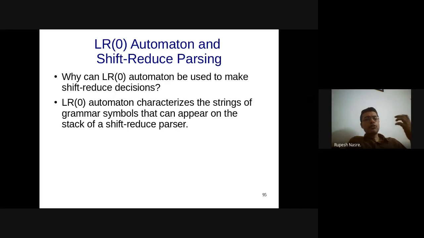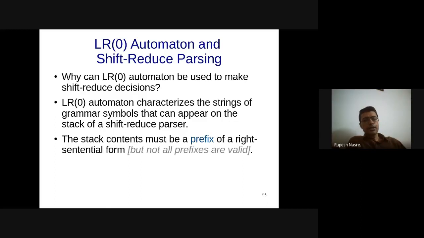When we looked at the LR0 automaton, we didn't think in terms of stack, but I can have an abstraction of a stack, and show a one-to-one correspondence between this LR0 automaton and the shift reduce on the stack.